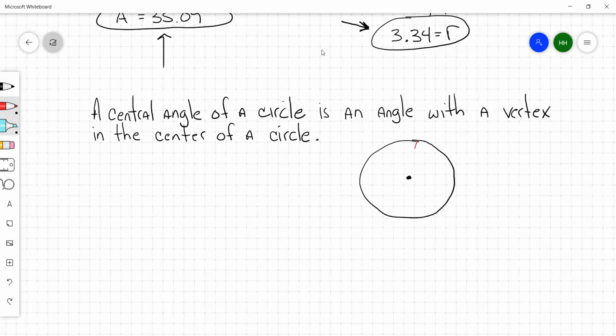If we put an angle in this circle, ABC is a central angle.